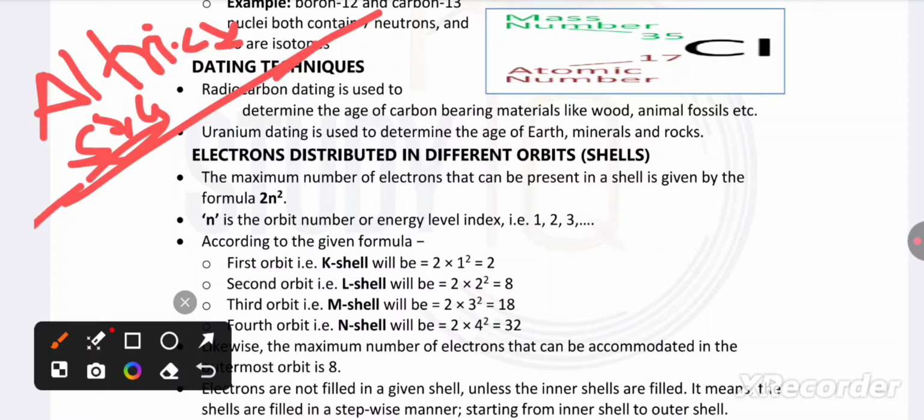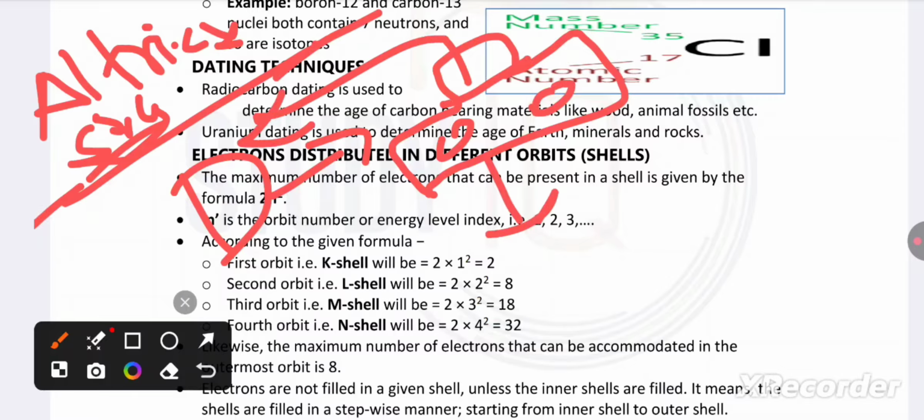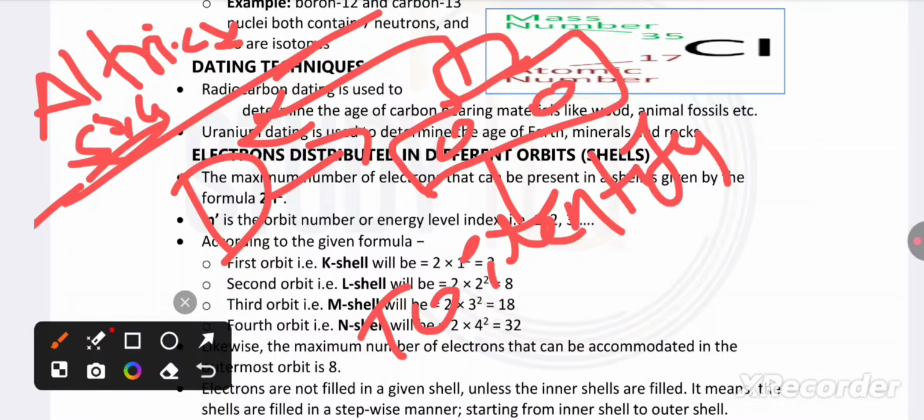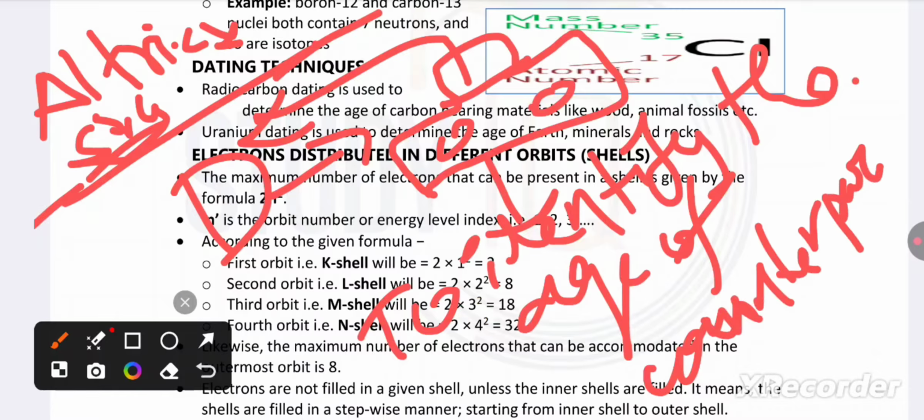When we are going to dating, we carry our radio. Why are we using this radio dating? To identify the age of a counterpart or partner.